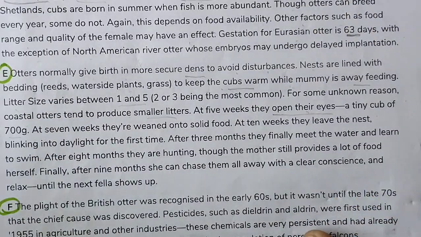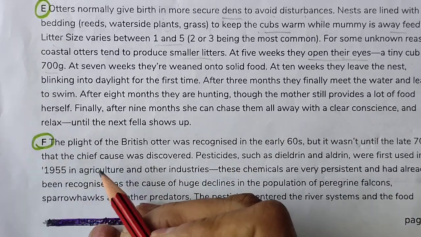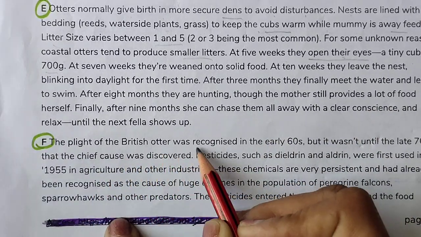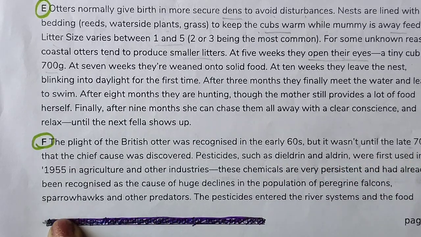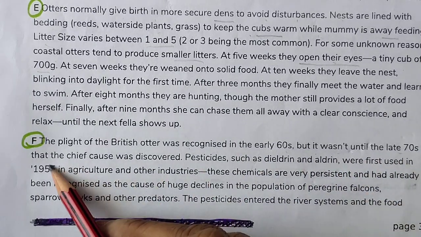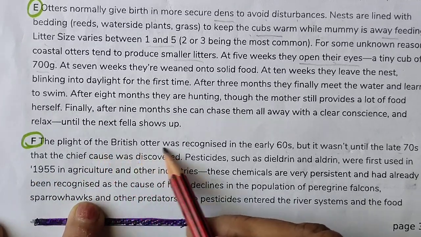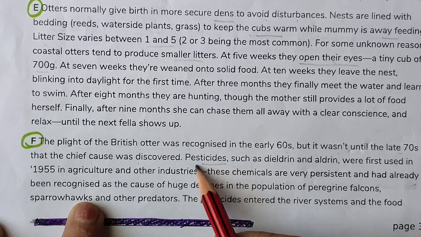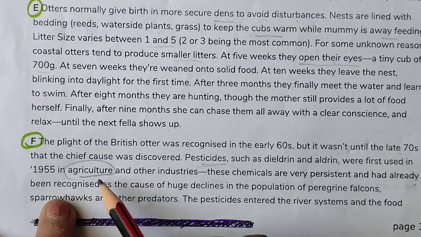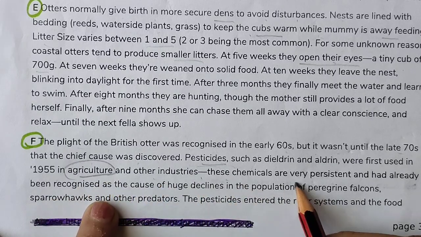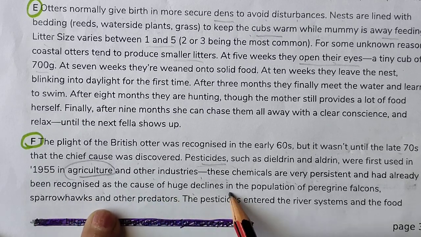Okay, now let's read the next paragraph, that is F paragraph. The plight of the British otter was recognized in the early 60s, but it wasn't until the late 70s that the chief cause was discovered. Pesticides, meaning farming related things, were first used in agriculture. Other industries also. These chemicals were persistent and had already been recognized as the cause of decline.